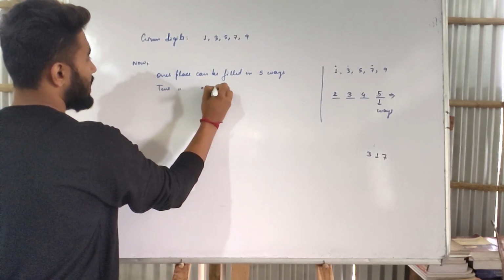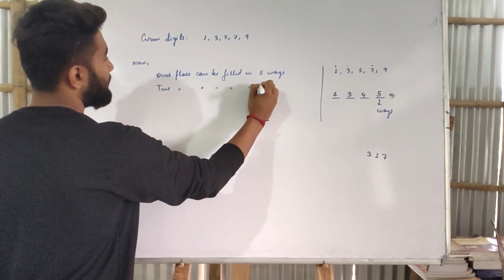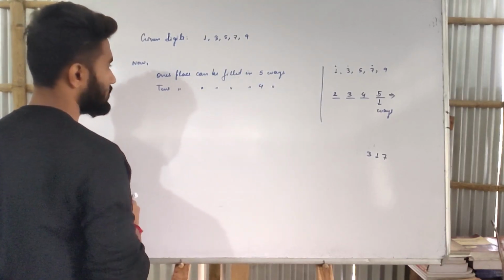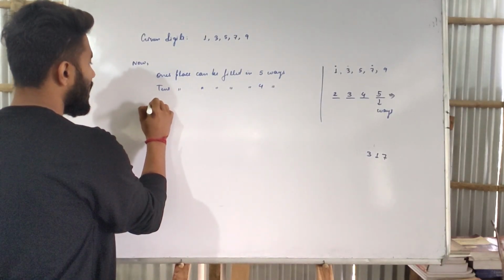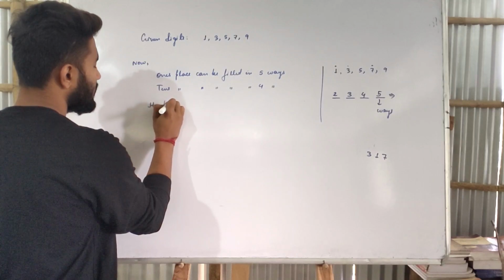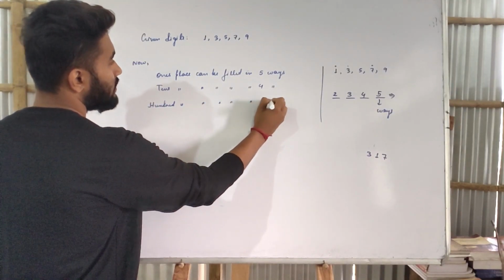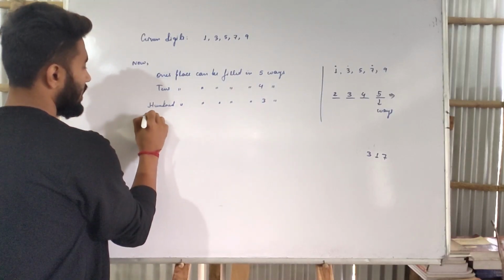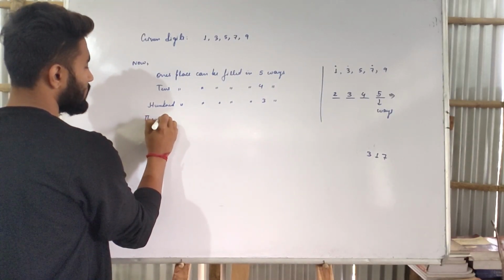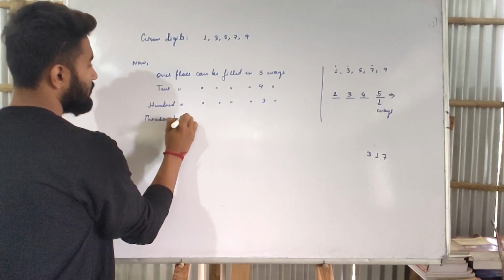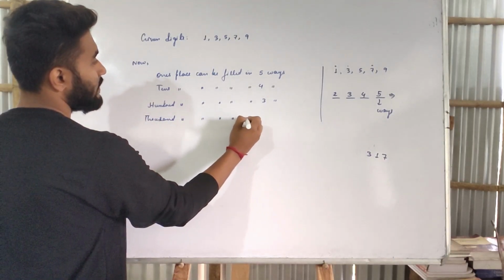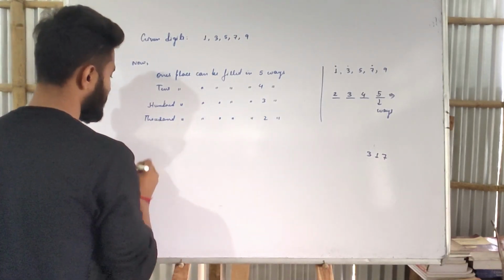Tens place can be filled in 4 ways. Hundreds place can be filled in 3 ways, and thousands place can be filled in 2 ways.